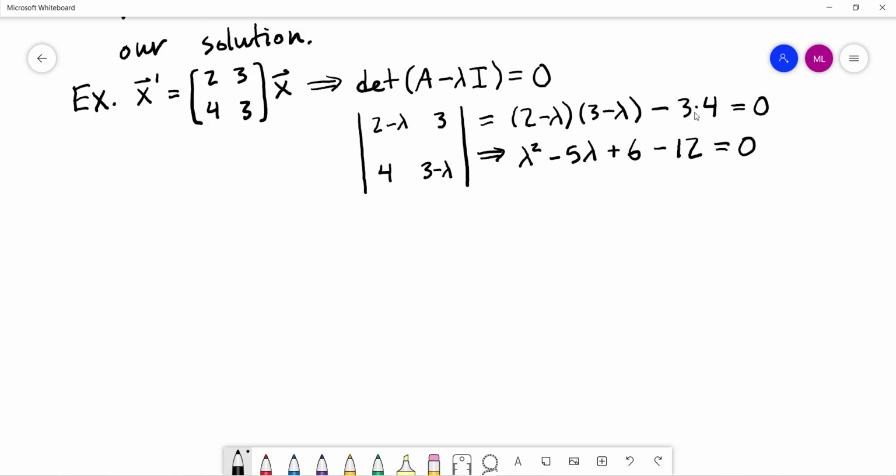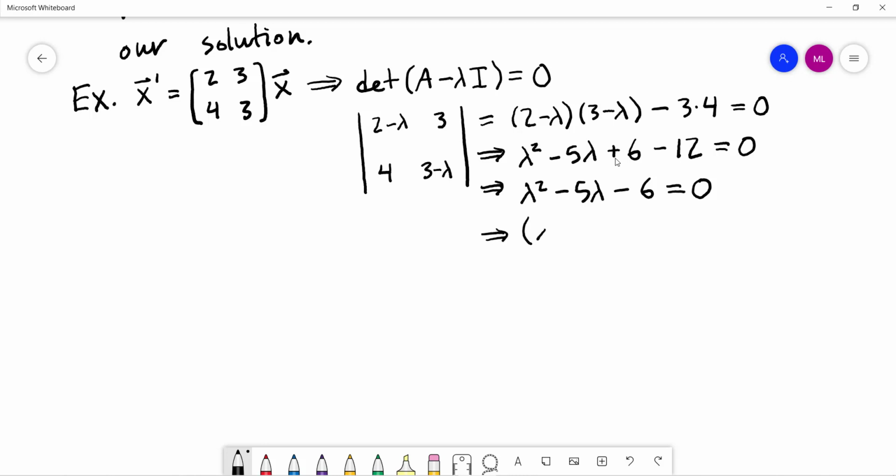And so far, so good. That all looks fine. And from this, we simplify to get lambda squared minus 5 lambda minus 6 equals 0. And now we just need to find those values of lambda. So what are the values of lambda?